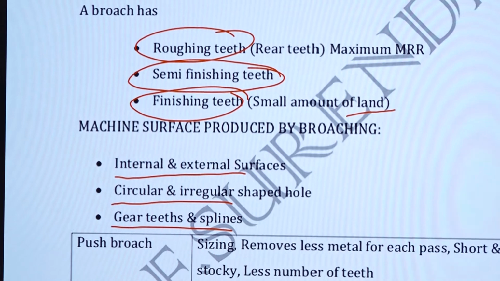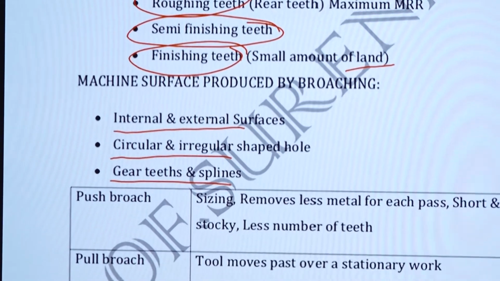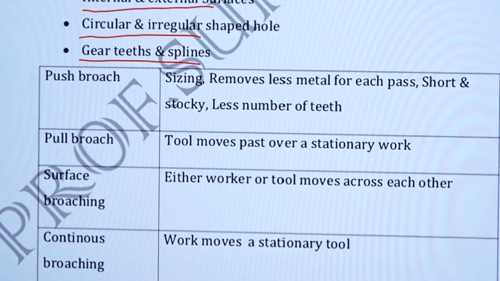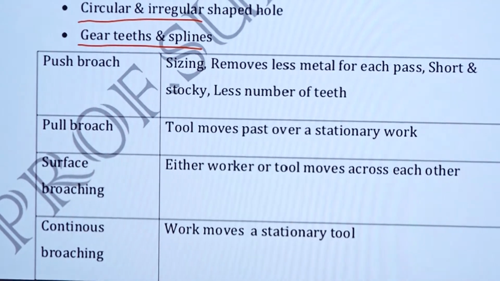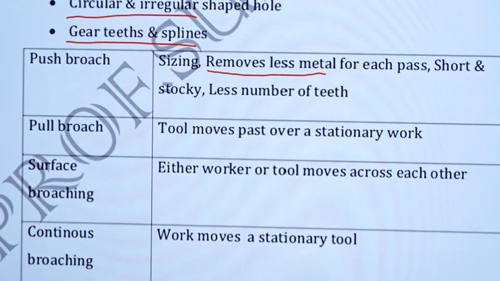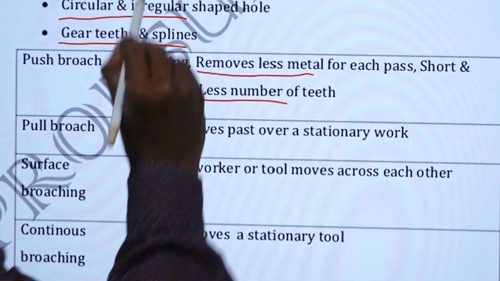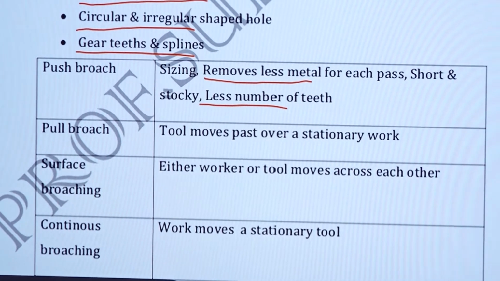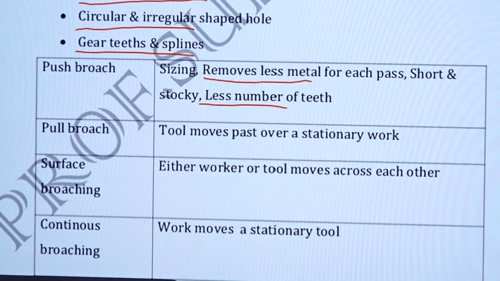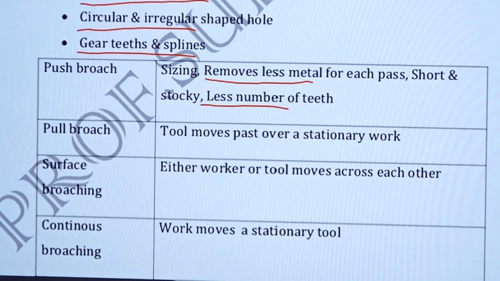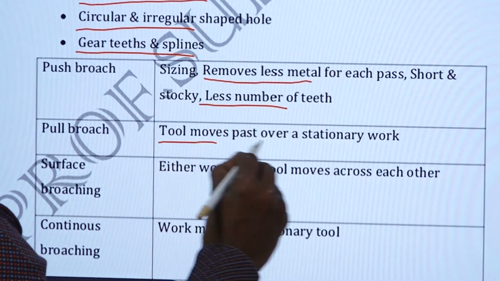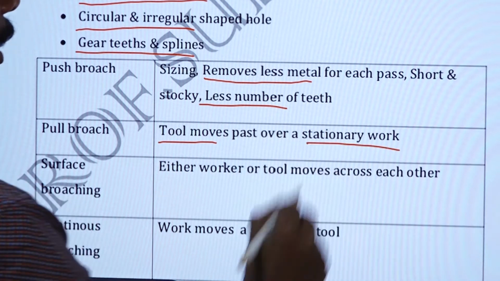Next we are going to discuss the types of broach. Push broach is used for sizing and removes less metal because it has fewer teeth. Pull broach: the tool moves over the stationary work.